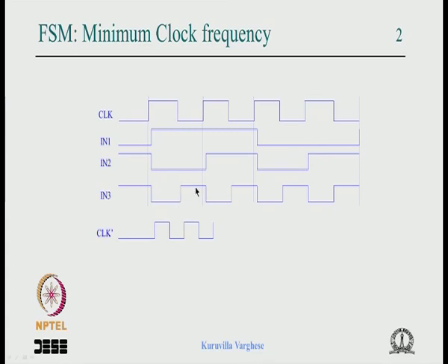For an ideal example we have taken a square wave, and it is soon clear that at least one clock period should come within this change, and the change being symmetric or regular, we can say that the clock frequency should be at least twice that of the maximum input frequency.